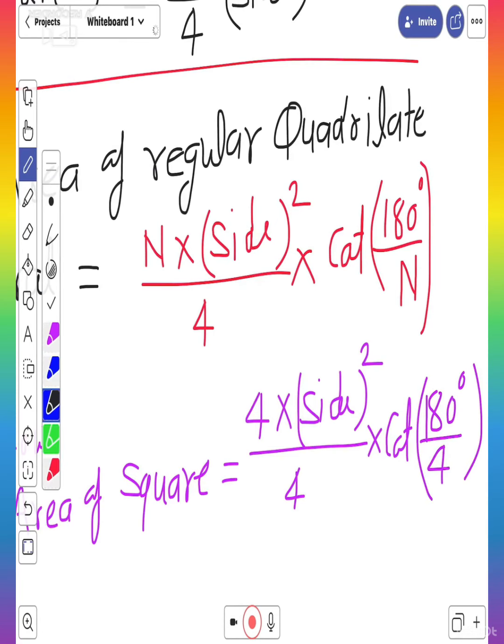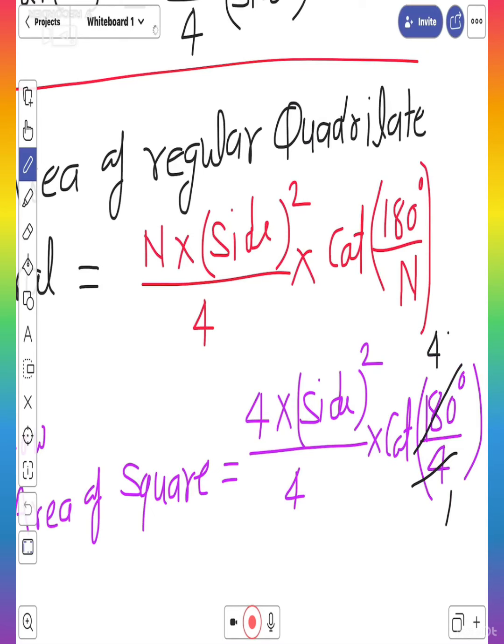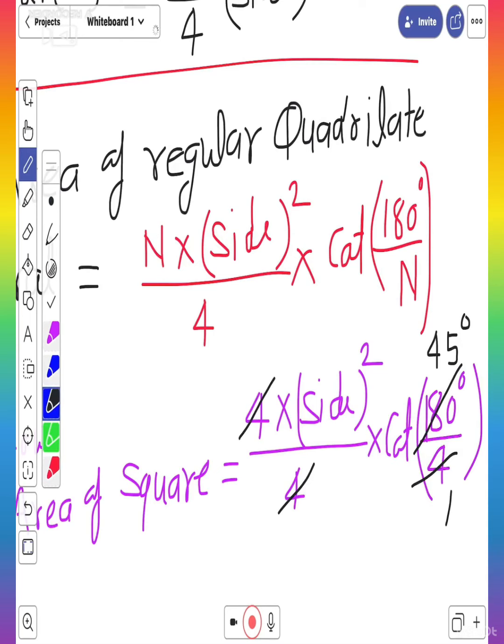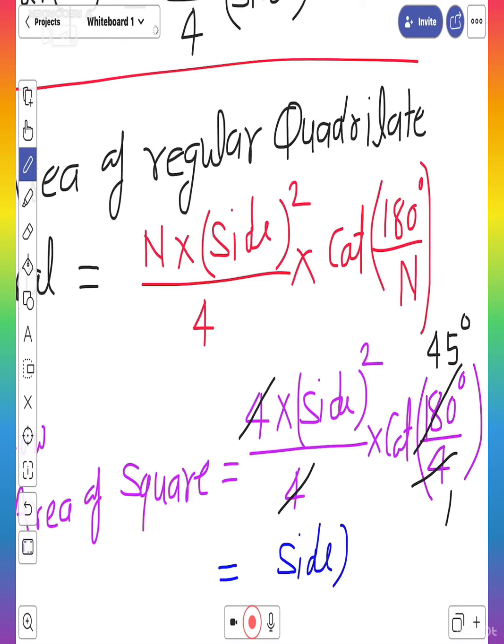So dear, you can cancel it out. 4 1 ja 4, 4 ja 16 and 4 5 ja 20. So this is 45 degree and this 4 is cancelled out. You will get the remaining thing, that is side square, and the value of cot 45 degrees is always 1.